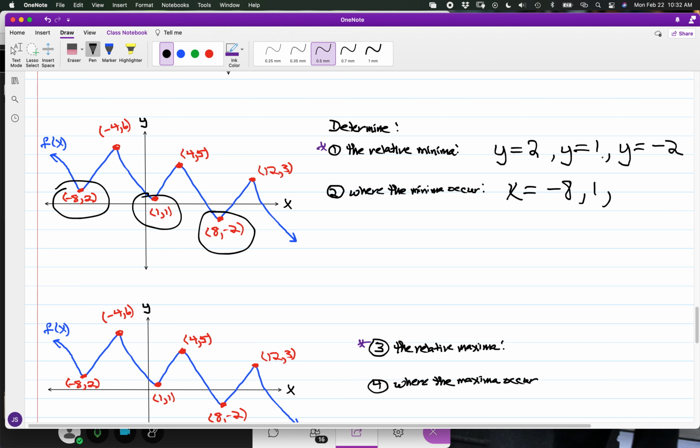And where y is equal to -2, that occurred at x is equal to 8. So your relative minima are at 2, 1, and -2 in y, and where the minima occur are the corresponding x values, which are -8, 1, and 8.